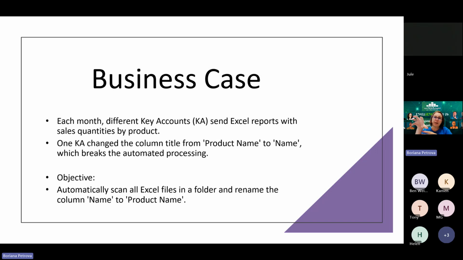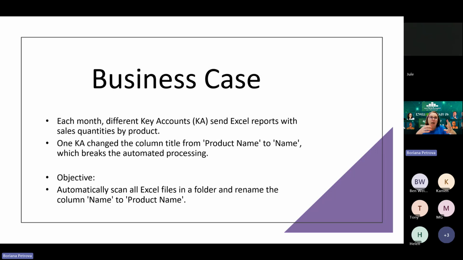So the business case here is just a super small part of this bigger idea. When we receive an email from someone that has a special attachment, we want to save this file automatically in our folder and check the names of the columns, that is, the headers. If we don't have the name we expect, for example product name, we rename the column, from name to product name in this simple example.